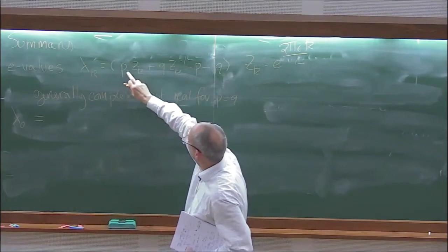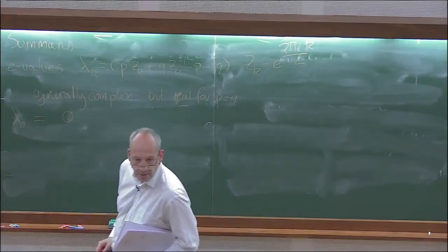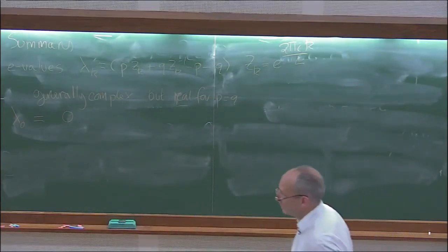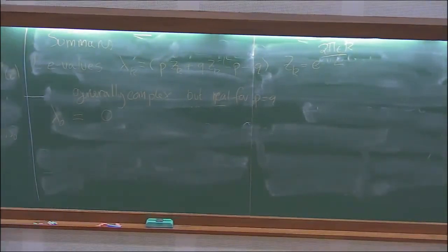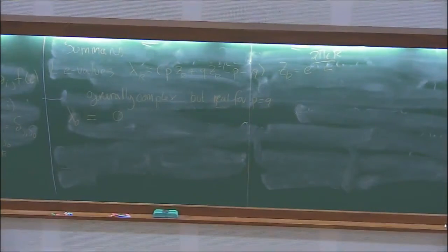So for k equals 0, lambda_0 is equal to 0. And that gives me the stationary state. Because the k equals 0 mode, this term here will be 0 times time, so it won't decay away with time. The other ones will have negative real parts, and so the other modes decay with time.